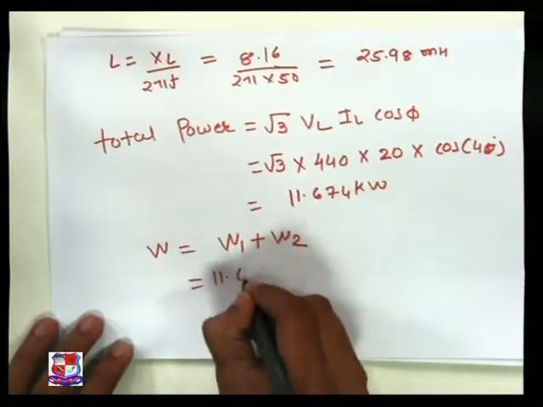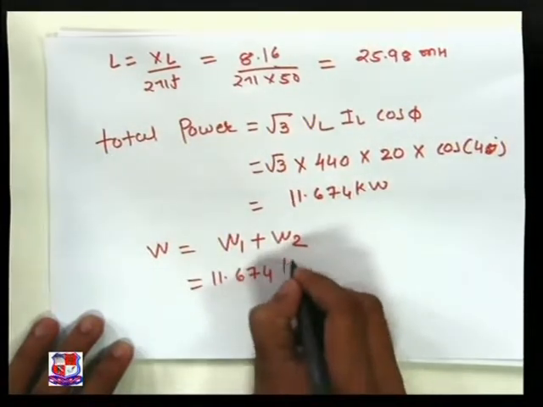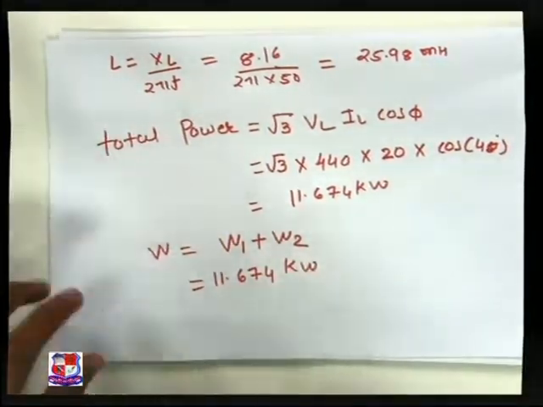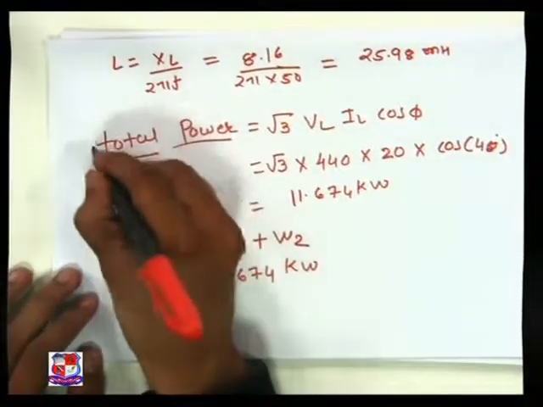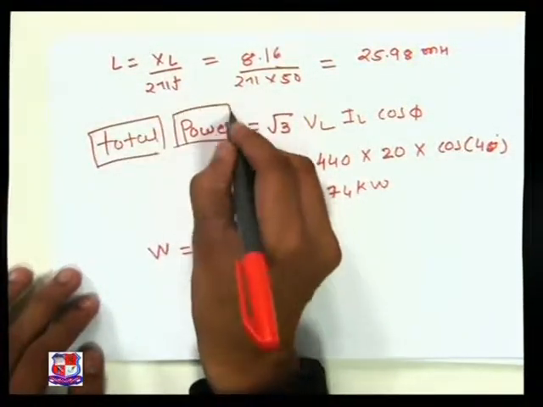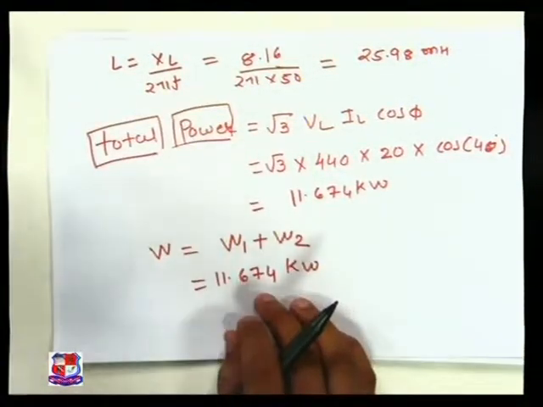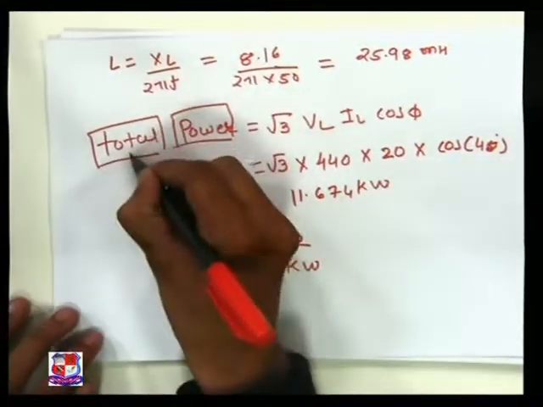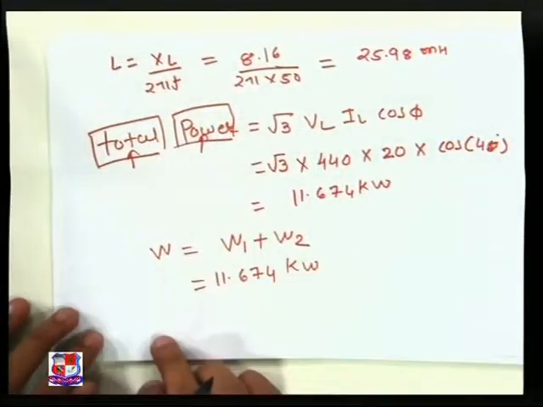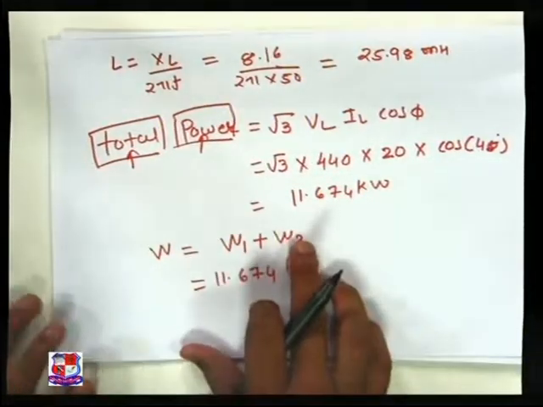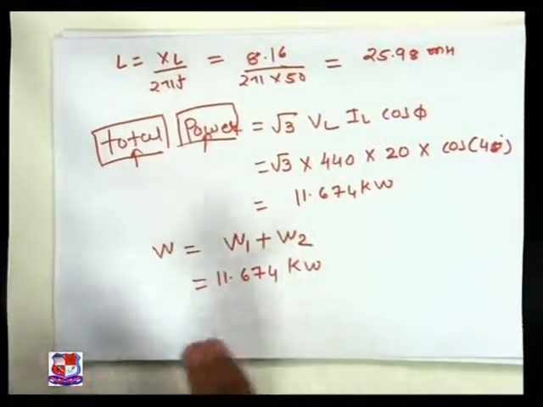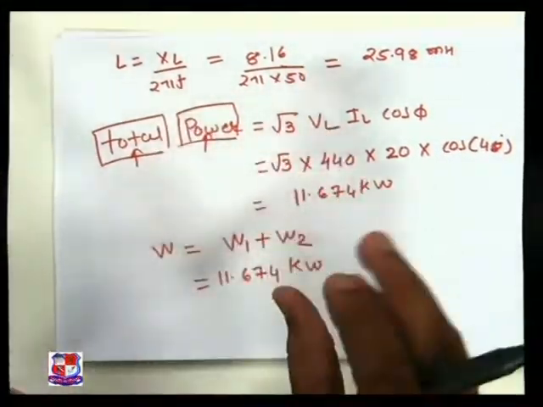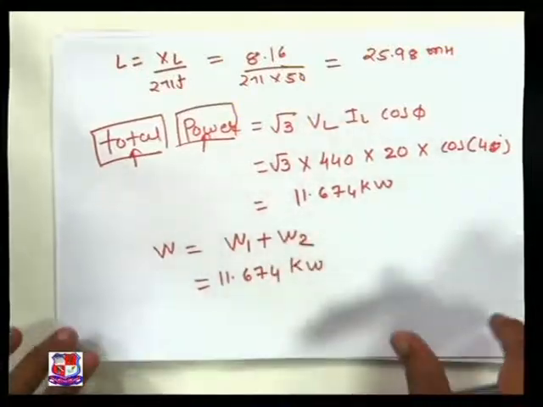So 11.674 kilowatt is the total power, which is the sum of the 2 wattmeter readings. W is equal to W1 plus W2, because this is the total power absorbed in our circuit.